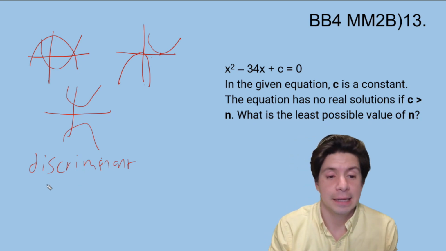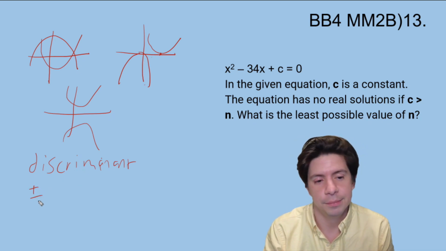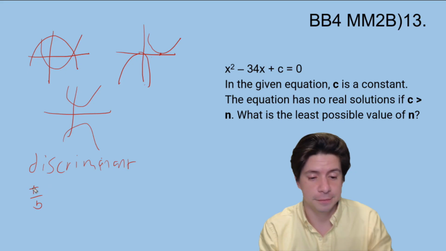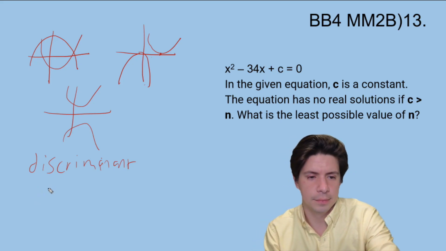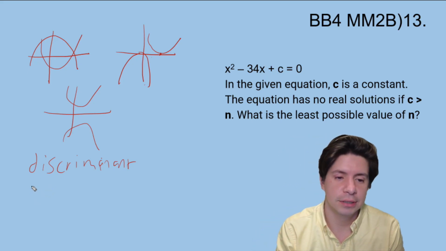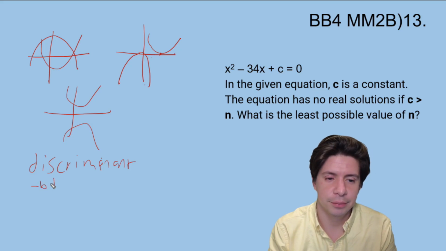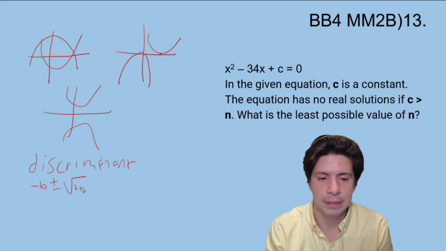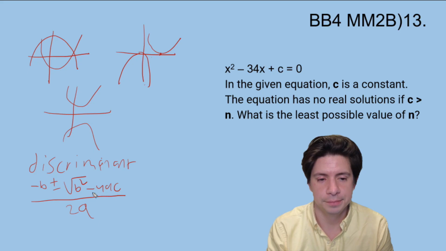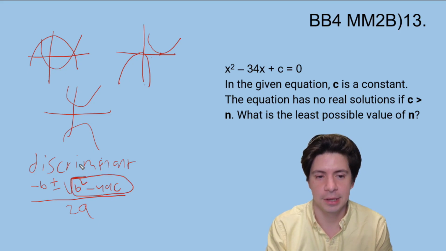So it is the part when we think about the quadratic equation, negative b plus or minus the square root of b squared minus 4ac, all over 2a. It is this part, the b squared minus 4ac.